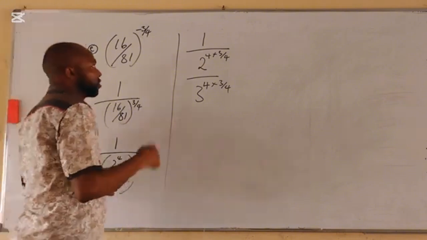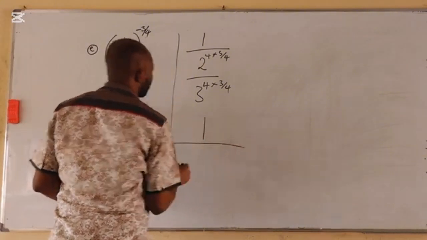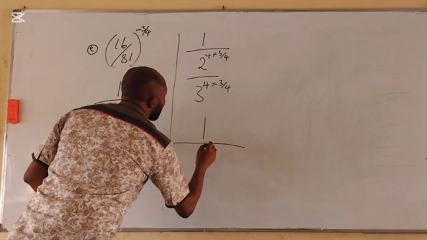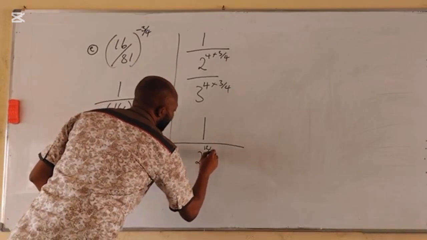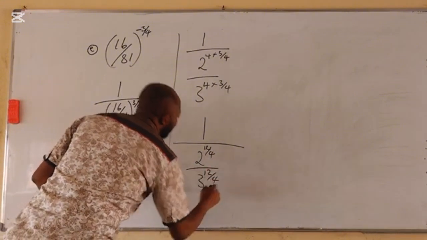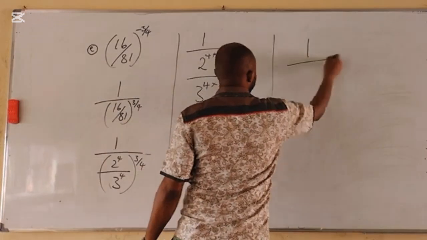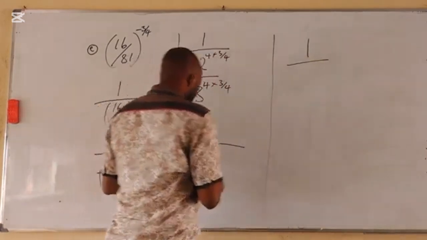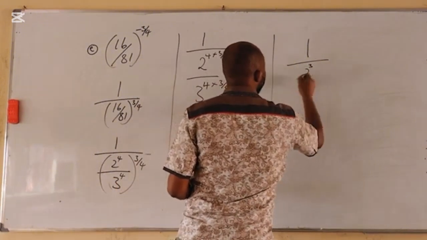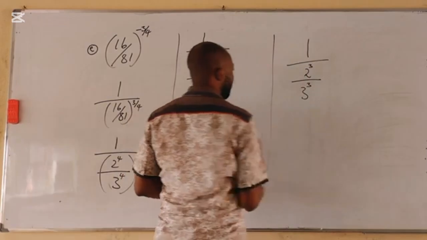But let's still move on, it's okay. The next step is 1 over 2 raised to the power 12 over 4 divided by 3 raised to the power 12 over 4. This is 1 over, 12 over 4 is 3, so this is 2 raised to the power 3 divided by 3 raised to the power 3.